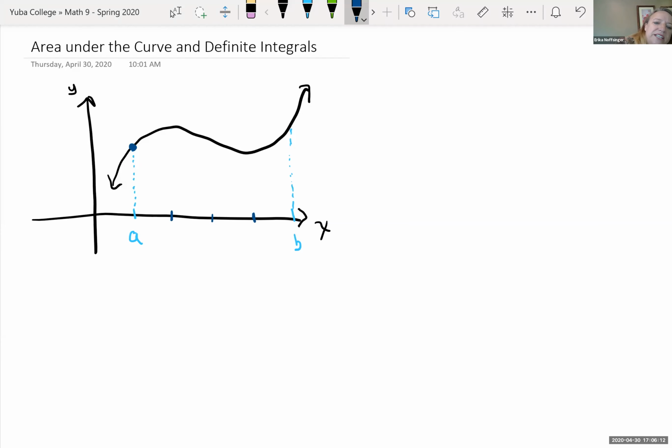I would hit my function on the left, go all the way over and make my rectangle, going over to my other x value. Again, you hit the function on the left, and that gives you the height of that rectangle.